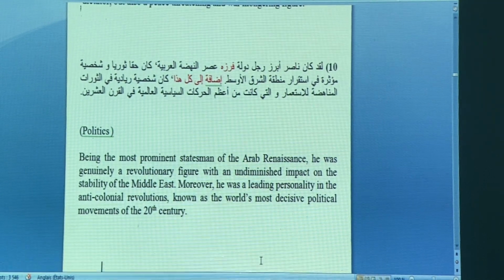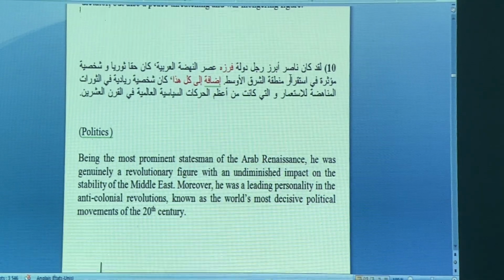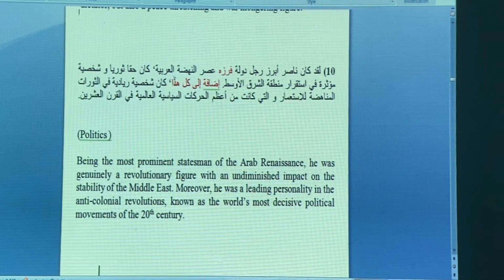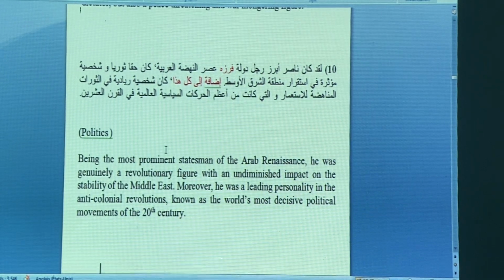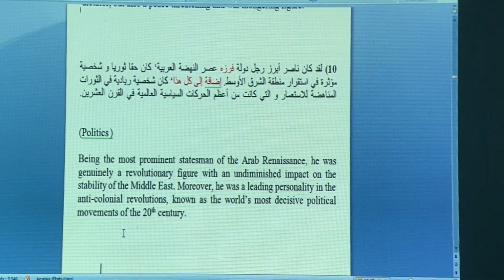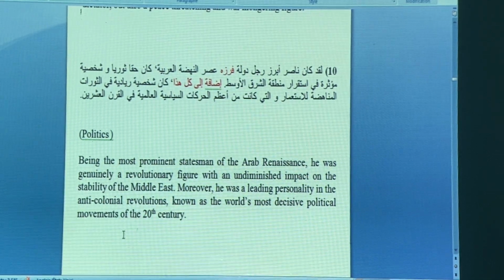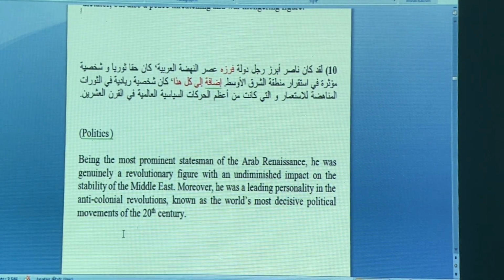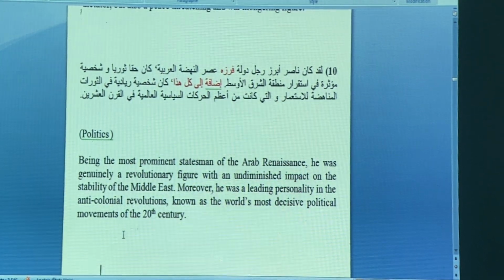Again, politics. Here, لقد كان ناصر أبرز رجل دولة فرزه عصر النهضة. كان حقا ثوريا. So you can start, for instance, by being the most prominent statesman of the Arab Renaissance. He was genuinely a revolutionary figure with an undiminished impact on the stability of the Middle East.